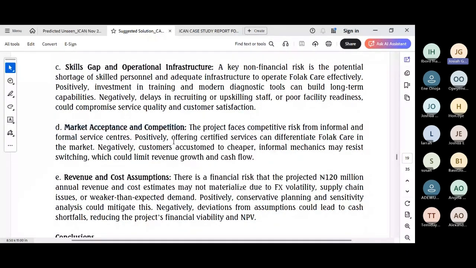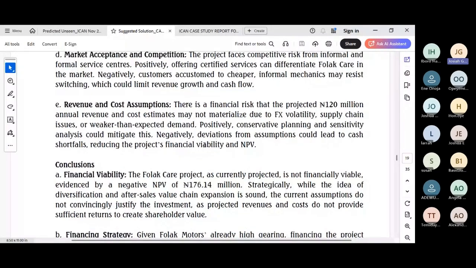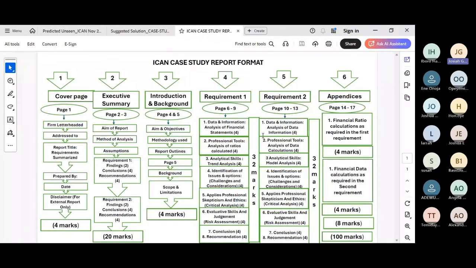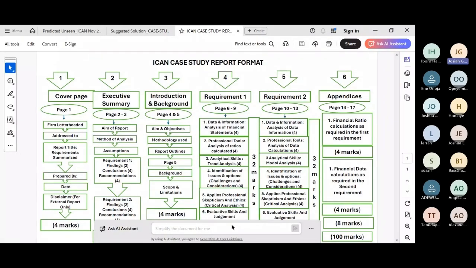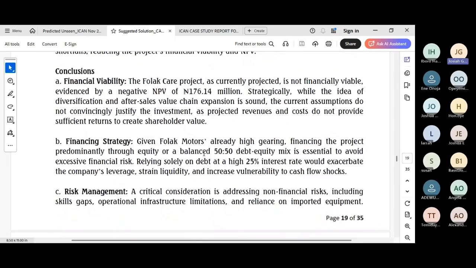You could look at the risk aspect of it negatively and positively. And the next one is revenue and cost assumptions, looking at the positive and negative risk around that. So if you give 4, which is superior achievement, you've achieved the 4 marks for the evaluative skills and judgment box. So let's conclude now quickly.